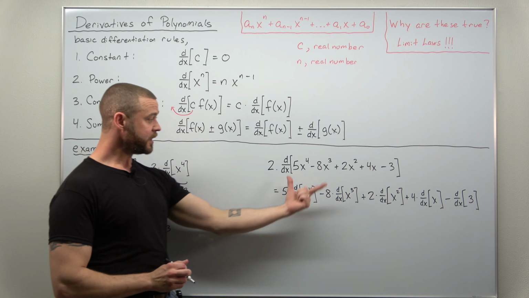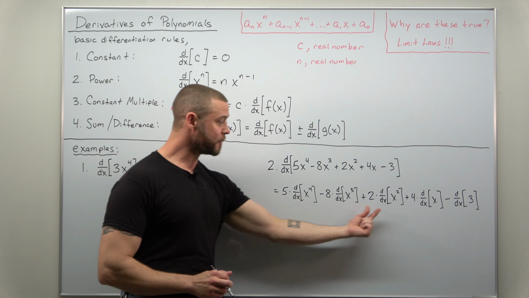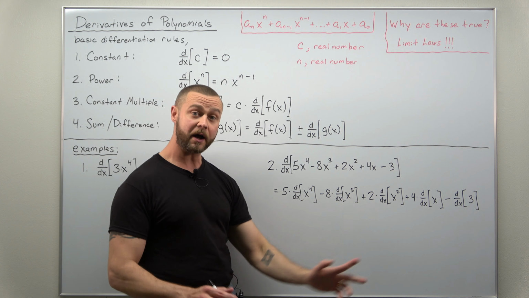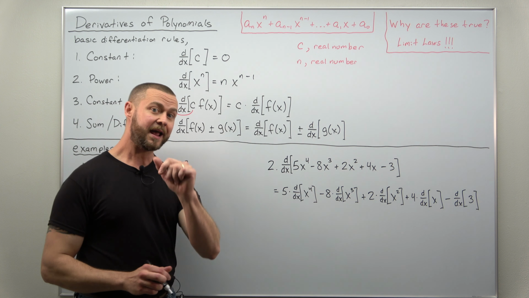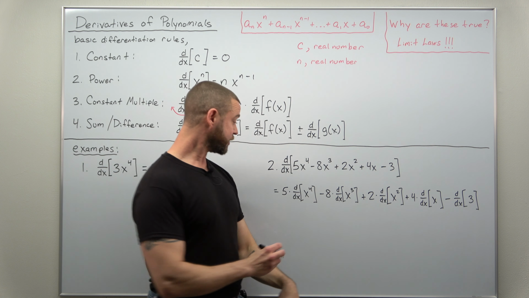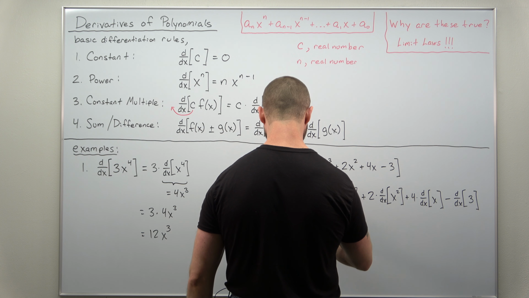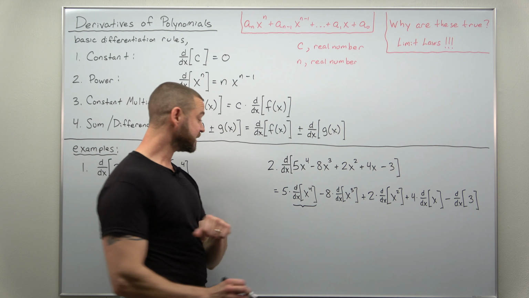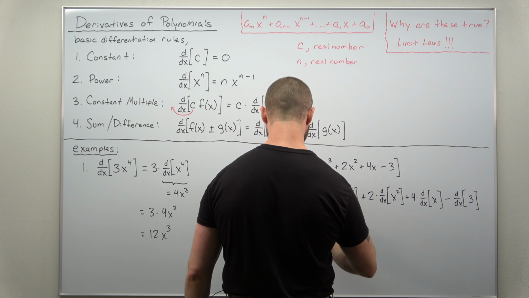Now what we're doing here is we're breaking it down to repeated, simpler calculations, and now we can just apply the power rule and the derivative of a constant rule. So let's just go ahead and write the work out. The derivative of x to the 4th, that's going to be 4x cubed.